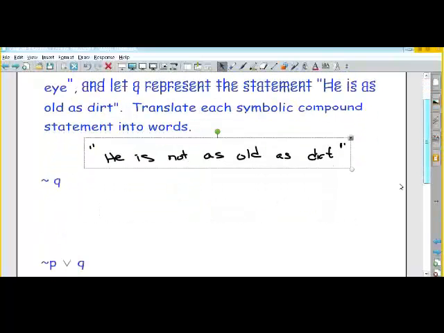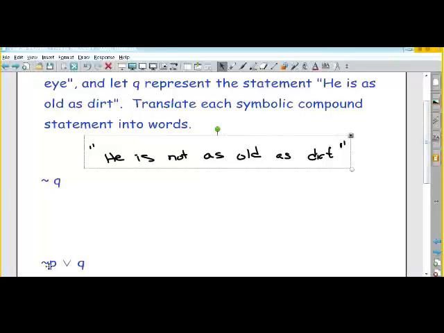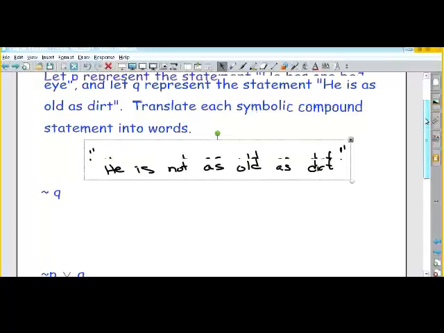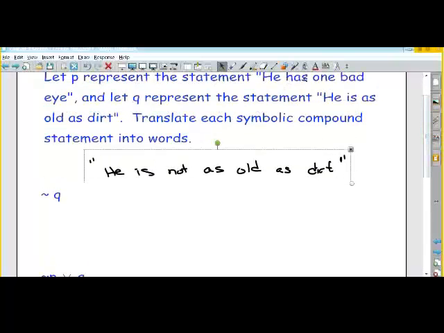The next one. We have a negation of statement P. This is the or statement and statement Q. So all we have to do is go back up to the two statements. We're going to write the negation of statement P, which is he has one bad eye. So the question is, what is the negation of he has one bad eye? If you had two bad eyes, would the statement he has one bad eye be true or not?